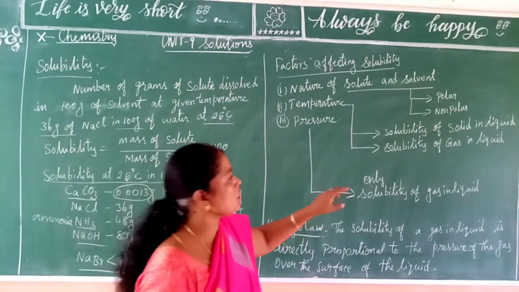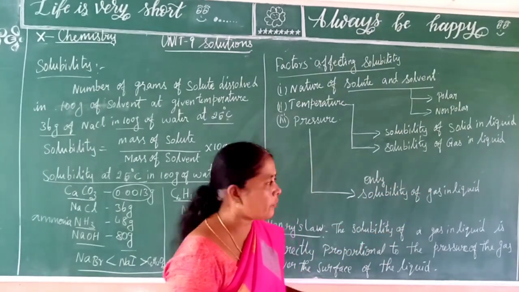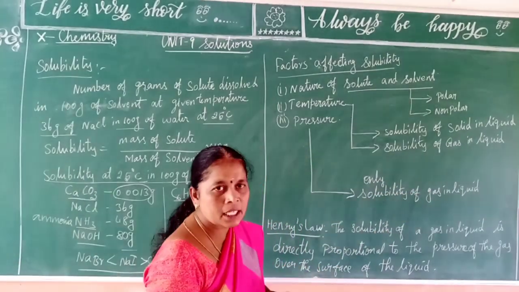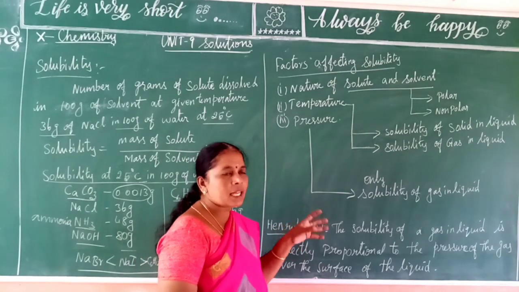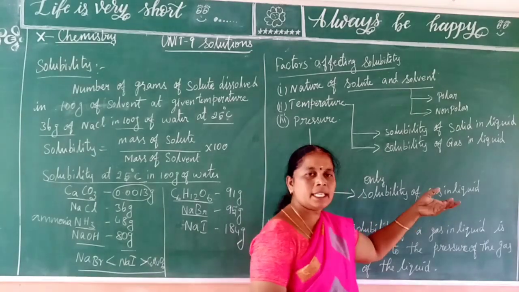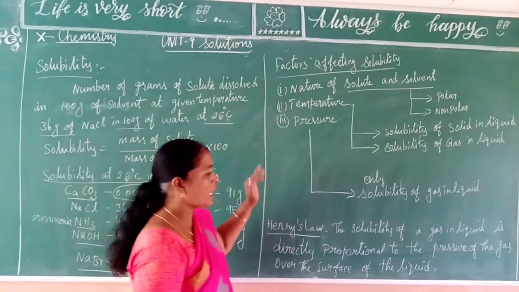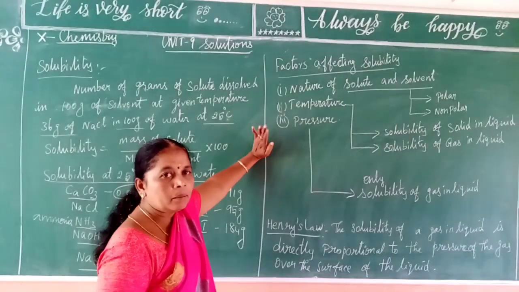Now we have to see only two types: solubility of solid in liquid and solubility of gas in liquid. Pressure is applicable only to the solubility of gas in liquid.